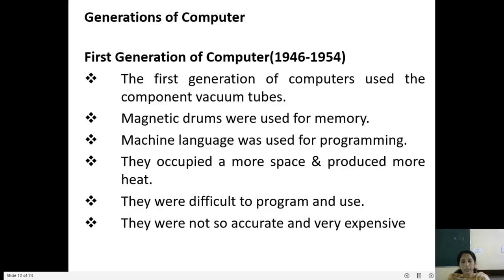The main drawbacks: it occupies more space and produces more heat, and the programming concept is very difficult to understand. If any error comes, it is difficult to rectify, the result is not so accurate, and it is very expensive. Common people cannot afford it.